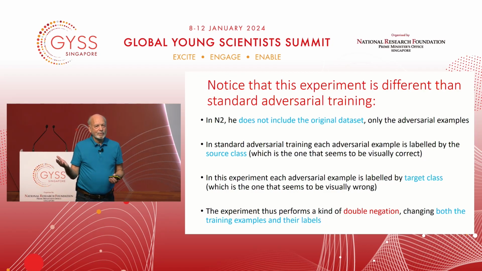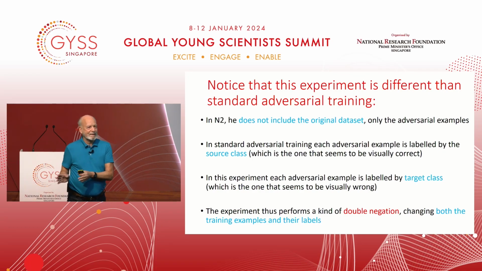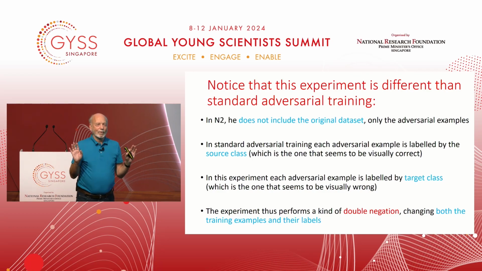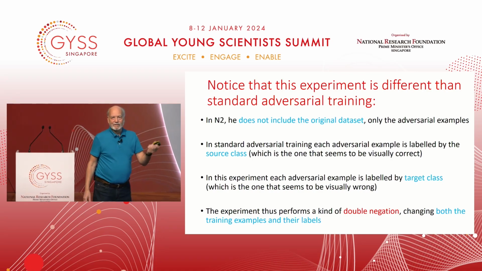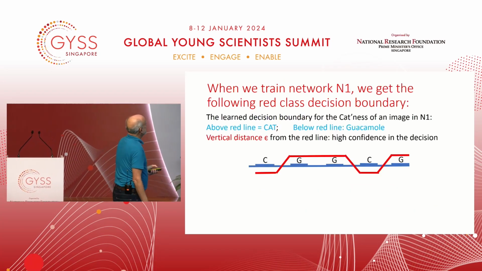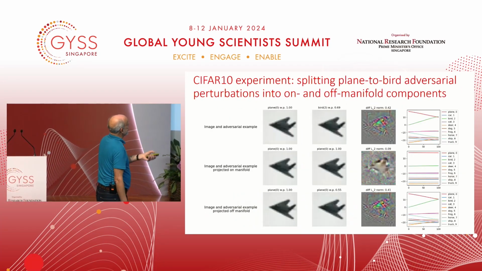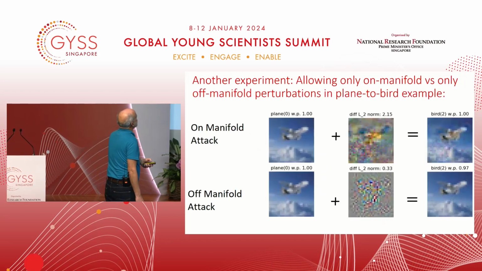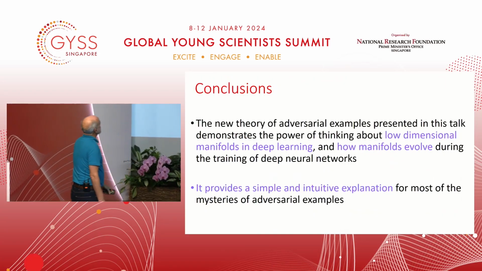No, the new network will recognize real images of cats as real, it will give them the label of cats, and real images of guacamoles, it will say they are guacamoles, even though throughout the training, all cat-looking images were called guacamoles and vice versa. This is perfectly explained by the new theory, but I don't have time to go over the explanation. Okay, I'll skip it, get to the conclusions.